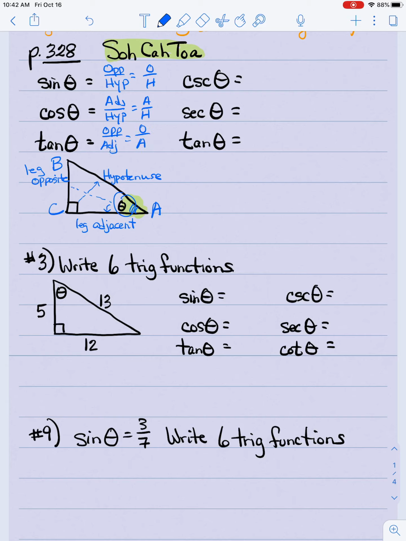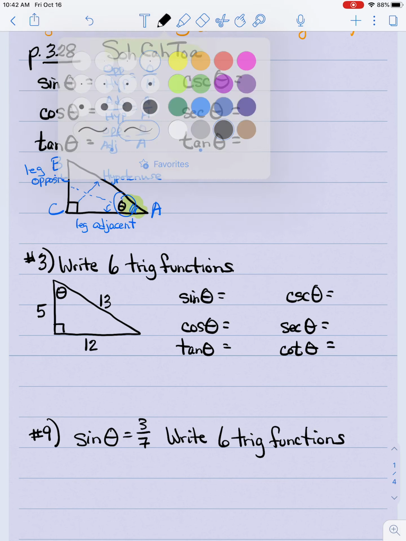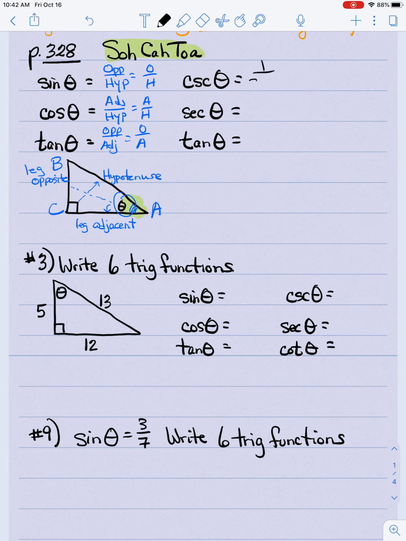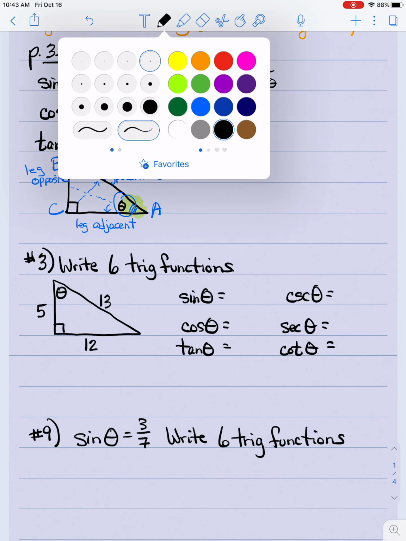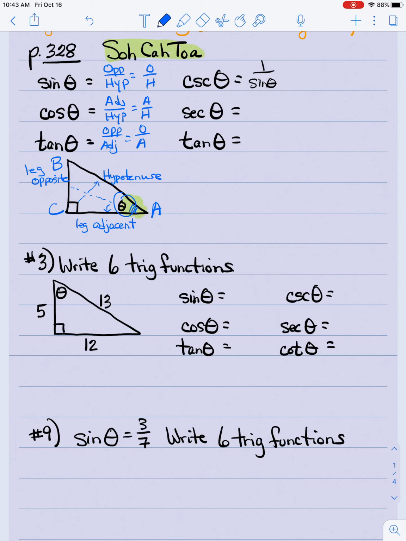Okay, now the cosecant, secant, and cotangent you haven't done a lot with, but you're just going to be doing reciprocals. So cosecant is 1 over the sine. So you're flipping. That means if sine is O over H, opposite over hypotenuse, then the cosecant is the reciprocal, hypotenuse over opposite.